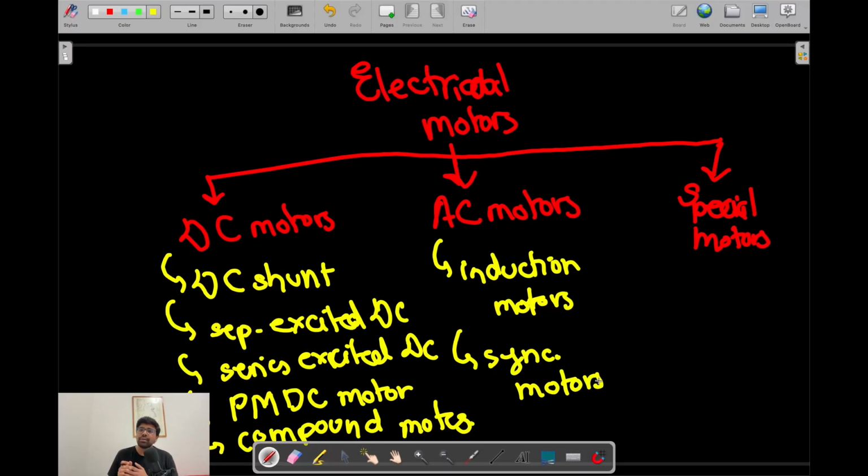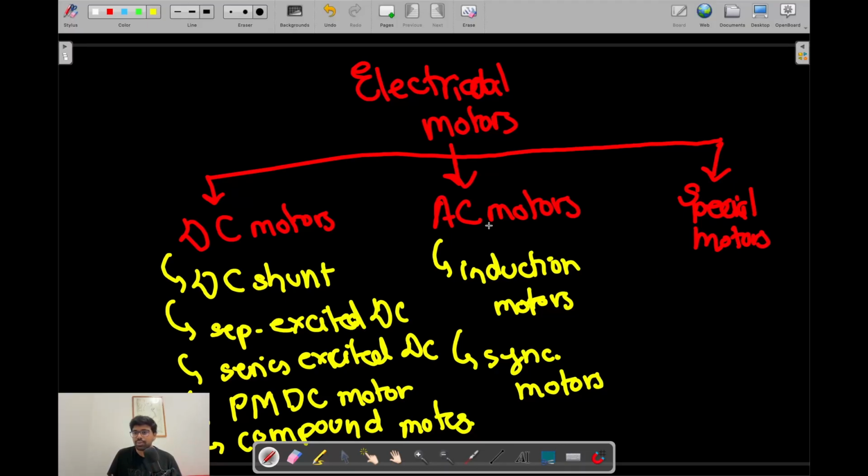And then we come to special motors. What is special is that these might be excited by DC but work on an AC principle, or be excited by AC but work on a DC principle. So these are special motors.